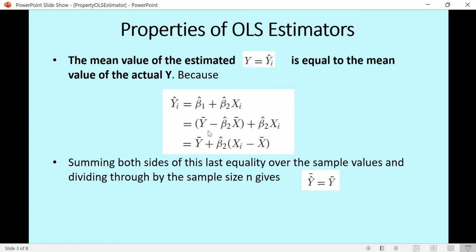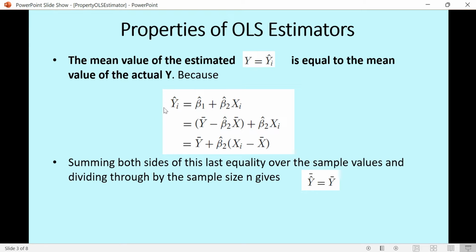Then we use this one plus beta 2 hat xi. Then you can see each y observation based on the estimation equals the mean value of y plus beta 2 hat, the estimated parameter, times xi minus the mean of x.